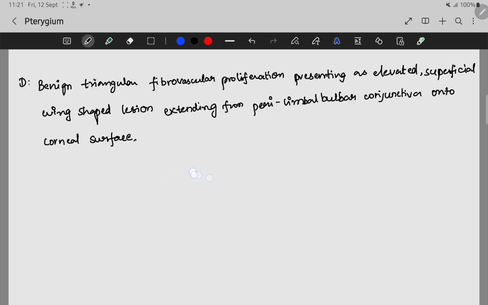So it is a triangular fibrovascular proliferation which presents as an elevated, superficial, wing-shaped lesion which extends from the perilimbal bulbar conjunctiva onto the cornea. So this is the bulbar conjunctiva, and it is a wing-shaped triangular proliferation.